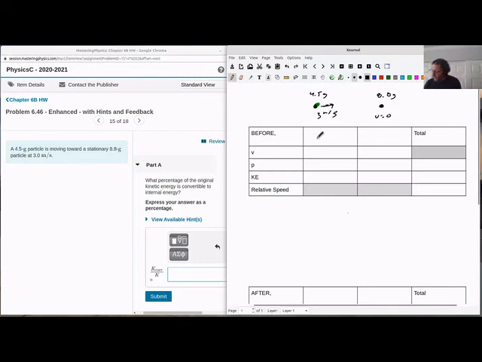So let's fill in the table. We have 4.5 grams. If we're going to put this in SI units so that our energies come out in the right form, that's 0.0045 kilograms and 0.0088 kilograms.